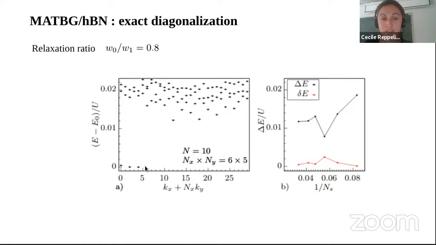You see here that we have 3 states that are very close in energy, separated by a gap from higher energy states. This window shows the corresponding extrapolation to the thermodynamic limit, and this is the number of moiré unit cells, so the thermodynamic limit would be 0 on the left here. This is the extrapolation of the gap depending on system size, and this is the extrapolation of the degeneracy lifting for the ground states.